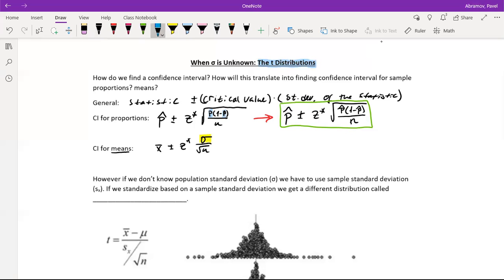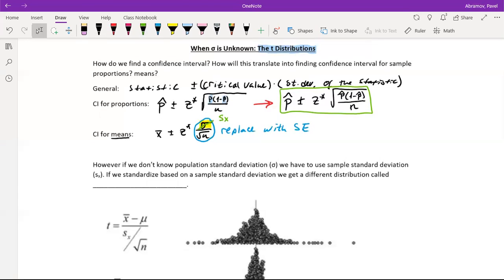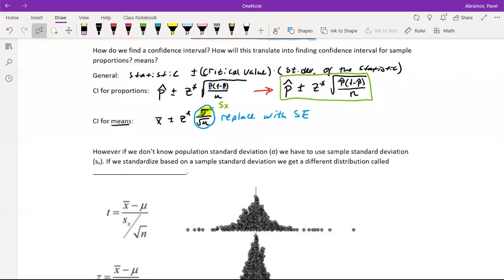Therefore, we are going to replace this standard deviation with standard error, which means that we are going to replace our standard deviation of population with the standard deviation of the statistic. However, by doing so, we are also going to change our distribution. And therefore, our distribution will stop being the z distribution and will start being called the t distribution.